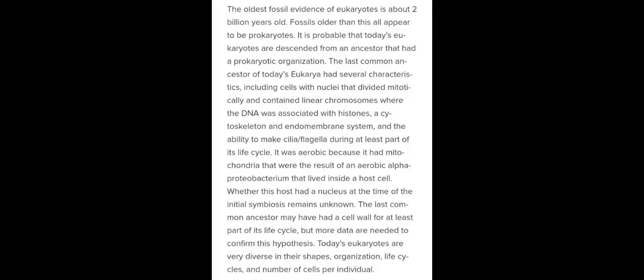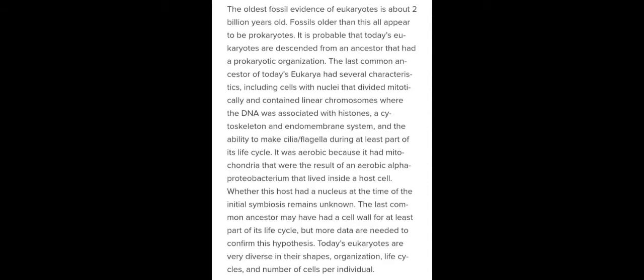Now, to sum up everything, the oldest fossil evidence of eukaryotes is about 2 billion years old. Fossils older than this all appear to be prokaryotes. It is probable that today's eukaryotes are descended from an ancestor that had a prokaryotic organization.